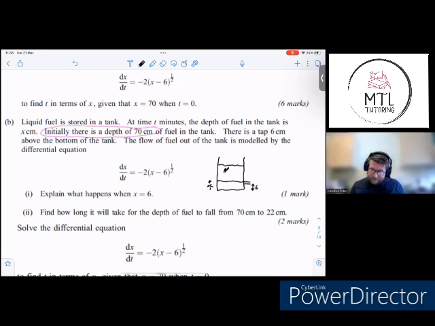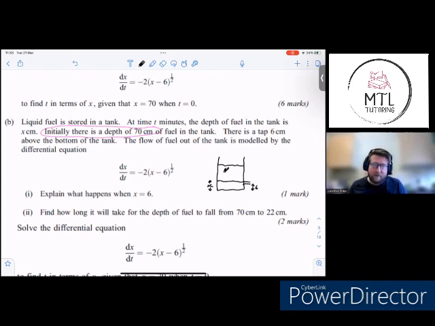So x is the height of the liquid. Once all the liquid has poured out and we get to the tap, it's going to stop, isn't it? No more liquid can pour out of the tank. So at x equals 6, the flow stops, or there is no more flow out of the tank.